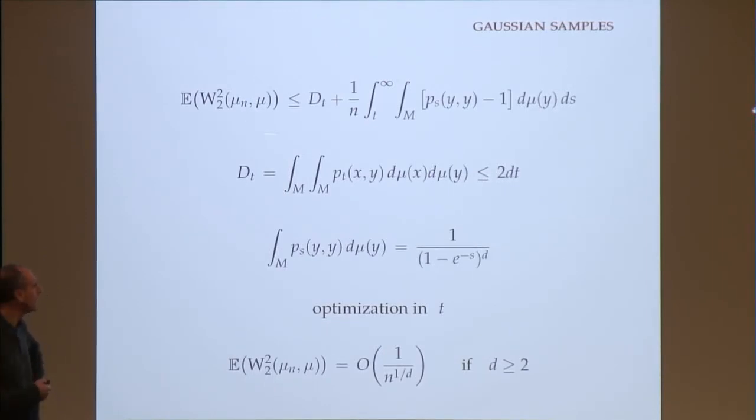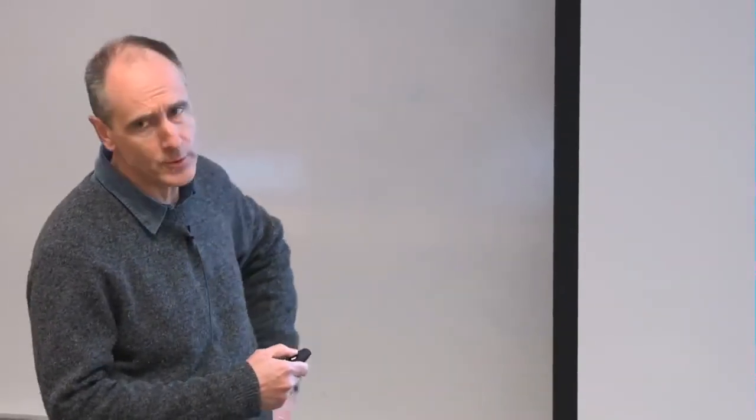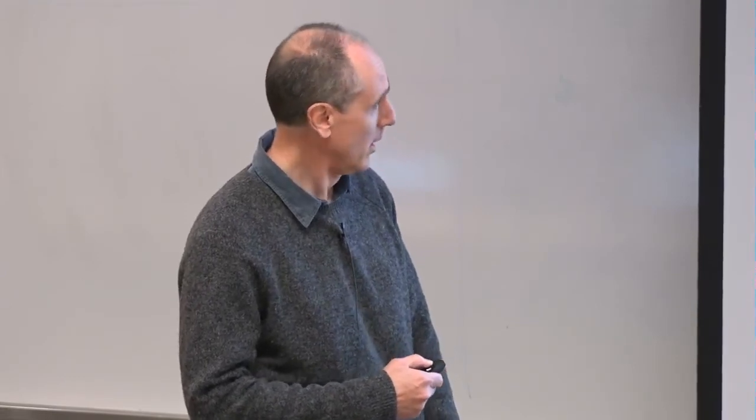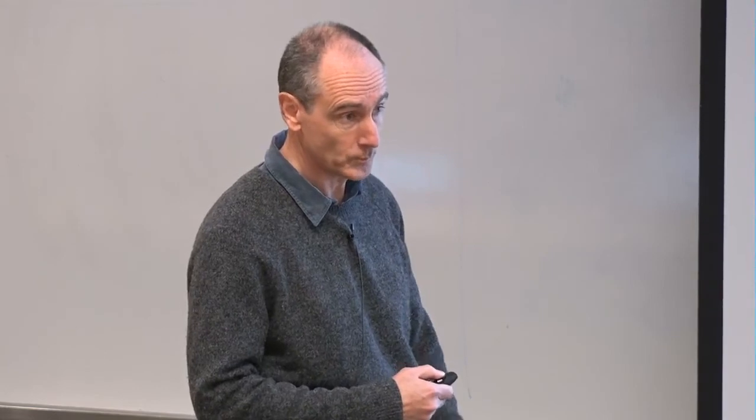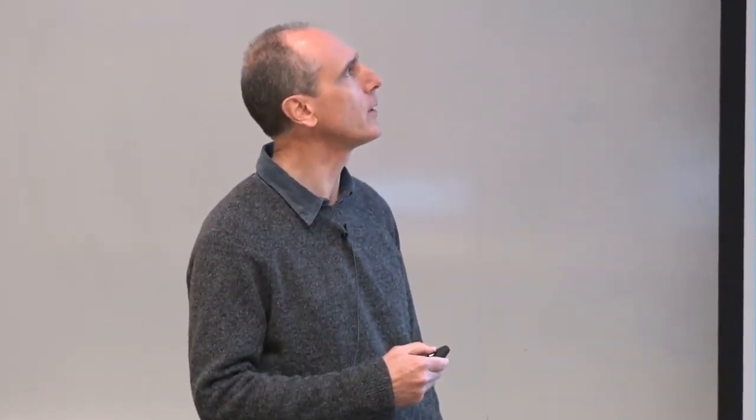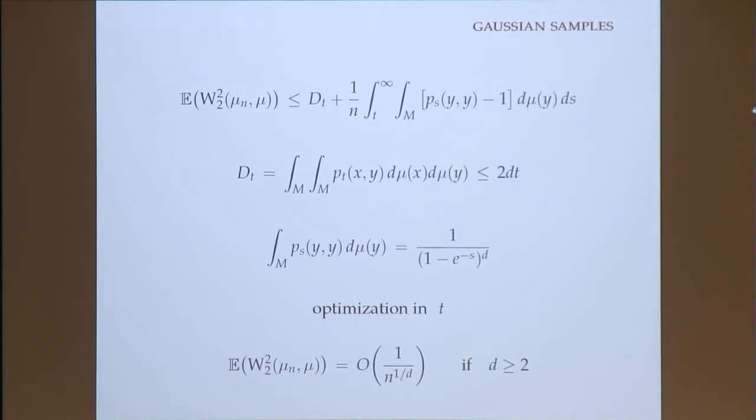But this doesn't say anything about the order of this. On the other hand, you can also use standard concentration inequalities to get some information on the distribution of W2. Because it has Gaussian concentration, you can say something on the tails of W2 once you have the size of this expression.